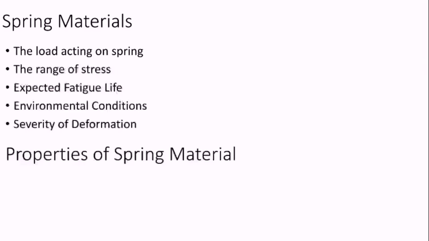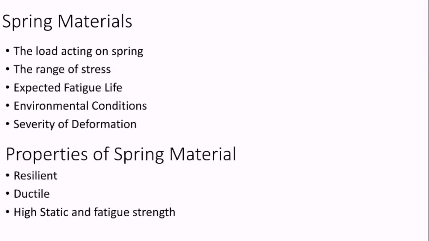While selecting the material, care should be taken that the material should possess the following properties. It should be resilient, that means it should be able to come back to its original shape and size. It should be ductile, and it should have high static and fatigue strength.